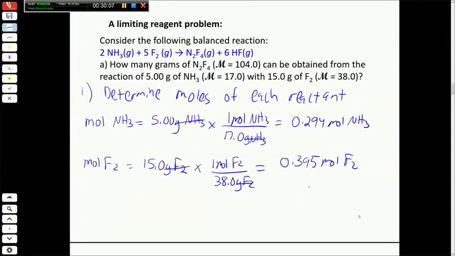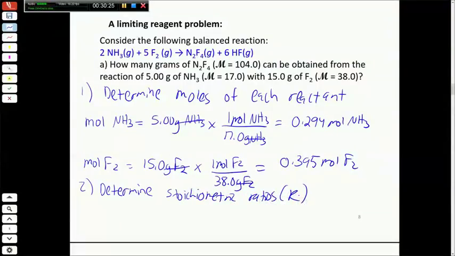As I said, the step we have to then take is to determine the stoichiometric ratio, which I abbreviate as R. So now that we have the moles of each reactant, we're going to use those to determine stoichiometric ratios for each reactant. For NH3, we take the moles of NH3, which is 0.294.